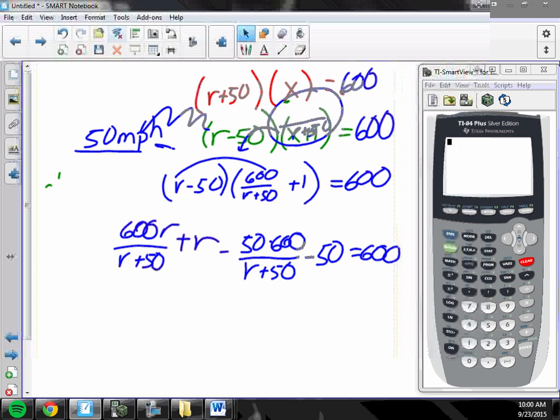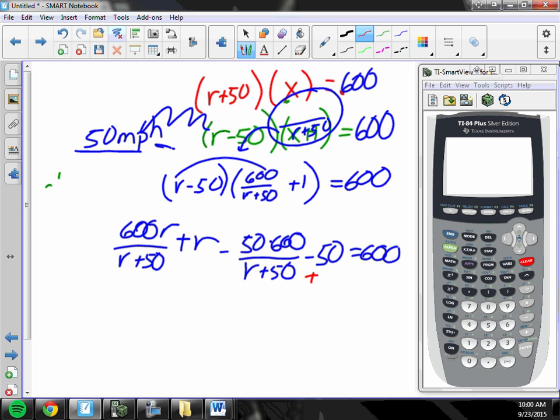Okay, now what? Well, let's try solving for R. I'm going to add 50. So 600R plus R over R plus 50 minus, so that would be 30,000 over R plus 50.